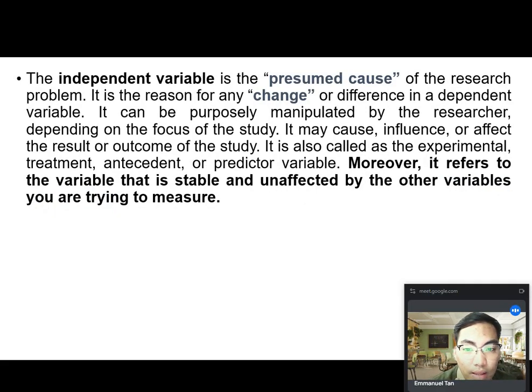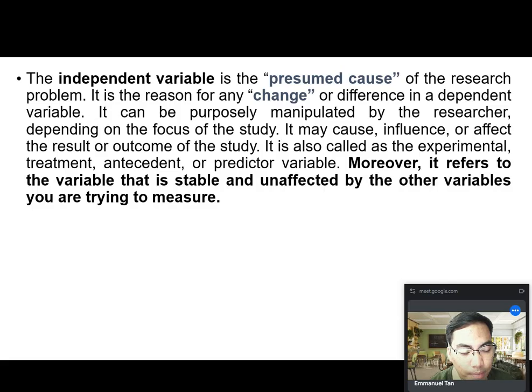Now, consider the different types of variables, which I know you guys are familiar with, the 5 different variables, specifically, or most especially, the independent variable and the dependent variable. So this is just a recall that when we say independent variable, it is the presumed cause. Ito yung nagiging sanhi. Okay? Ito yung sanhi of the research problem. So it is the reason for any change.